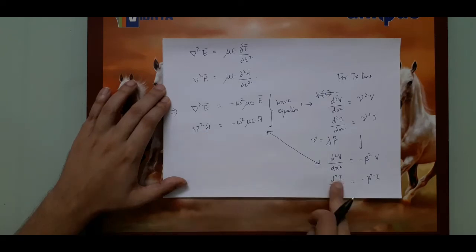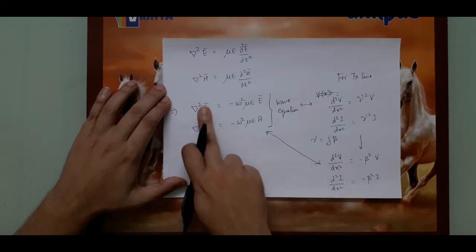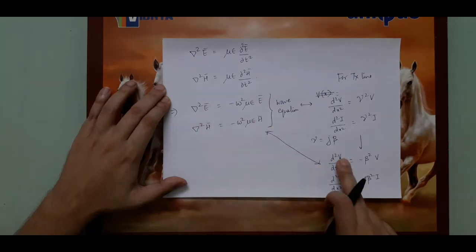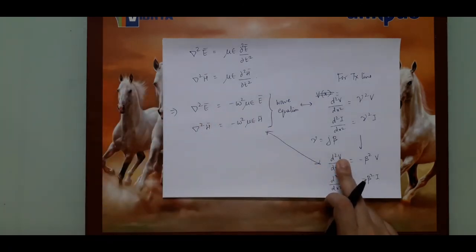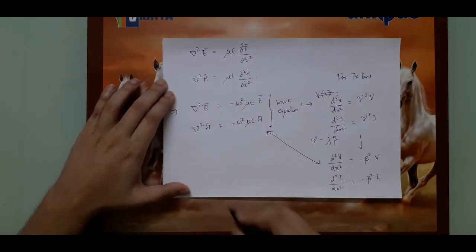We know that current is related to magnetic field and electric field is related to the voltage or the potential. So these are very analogous terms.